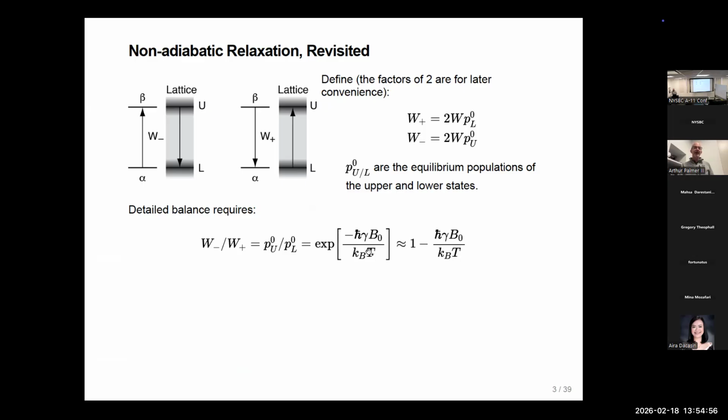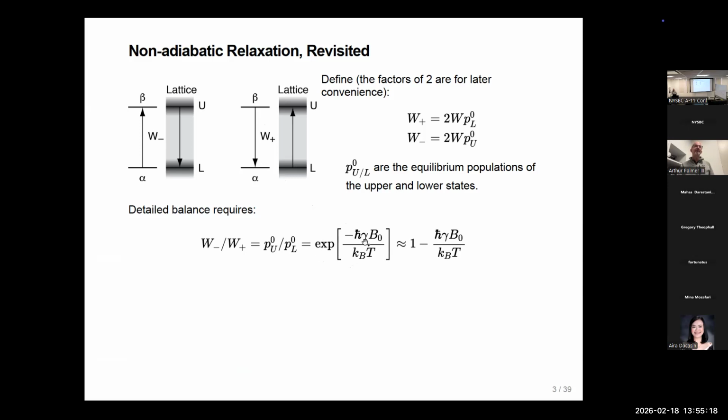But the lattice is always in Boltzmann equilibrium. So if the energy change in the lattice has to be matched to the energy levels of the spin system, I know the energy level of the spin system. This energy difference between alpha and beta is h bar gamma B naught.